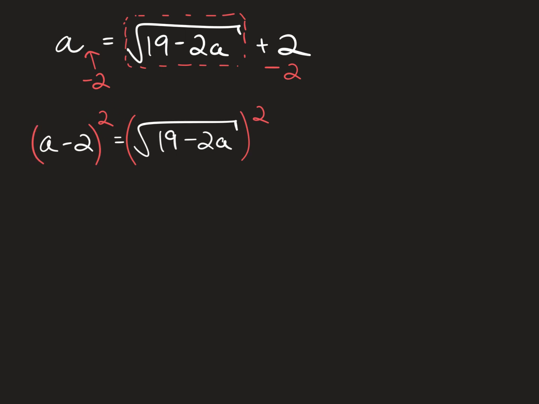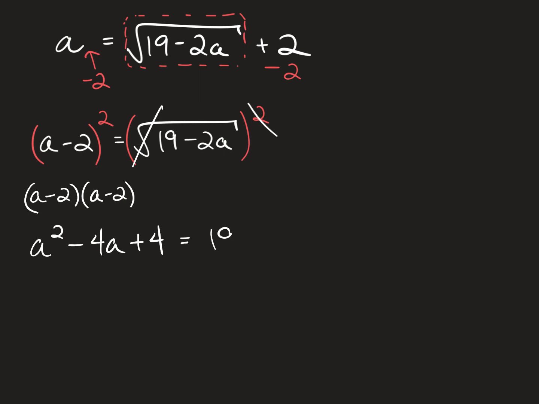So what that means really is on the left side, this is going to end up being a minus 2 times another a minus 2. Go ahead and distribute that out. You will get a squared minus 4a plus 4. And then the square and the square root will cancel out, leaving you with a 19 minus 2a.